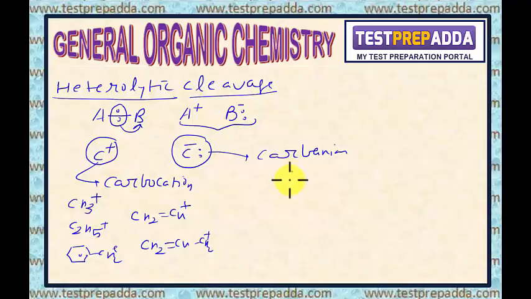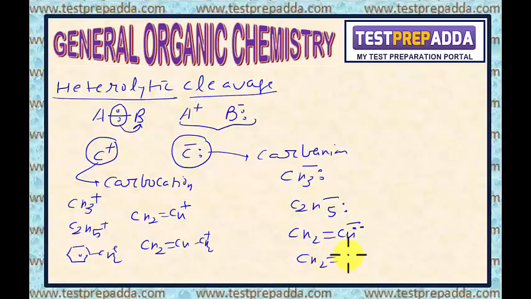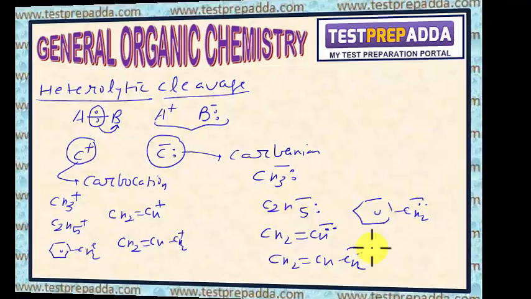Similarly, carbanions will have different example like methyl carbanion, like ethyl carbanion. This is vinyl carbanion. This is allyl carbanion, and then this is benzyl carbanion. So these are different examples. Now let me tell you about few important points of carbocations and carbanions.